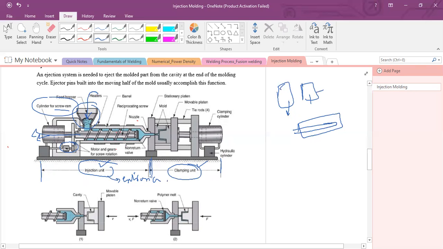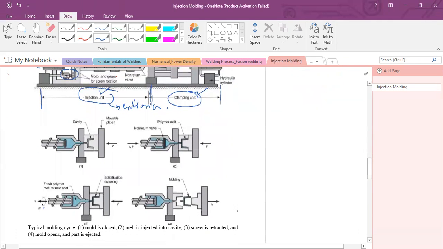As pressure builds up at the mold entrance due to the polymer melt, the screw begins to move backward under the pressure to a predetermined distance. As you can see here, this is the predetermined distance from the tip to the mold cavity, right?